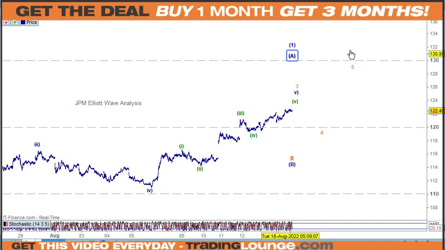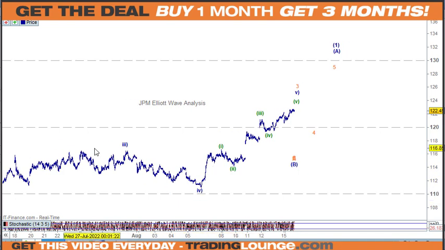And then we've got this over here. I mean, it makes a nice third of the third here with all those gaps. Makes a nice fourth wave over here, which actually can go over to here.